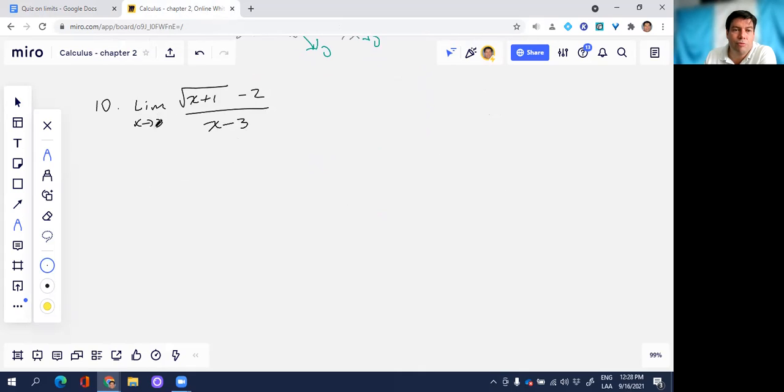The thing is, if you substitute, you get the square root of 4, which is 2, minus 2, 0, over 3 minus 3, which is 0.